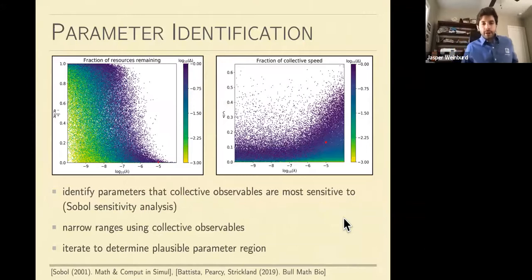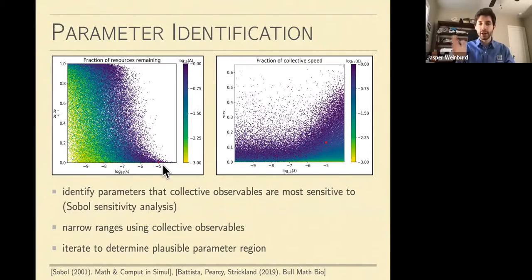So we sample all of these 4.4 million points. We use that to identify which input parameters the outputs are most sensitive to. And then by slicing our parameter space along, here you can see we've got lambda or log lambda on the horizontal axis.